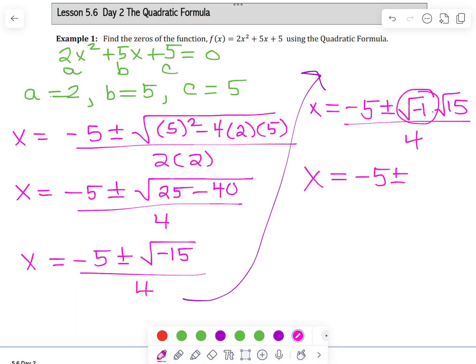This will become our i. And now square root of 15, we can't do anything with that, so we just leave it as the square root of 15, and then over 4. There isn't any more reducing that we can do. There isn't any common factors, so we can just leave the answer like that.